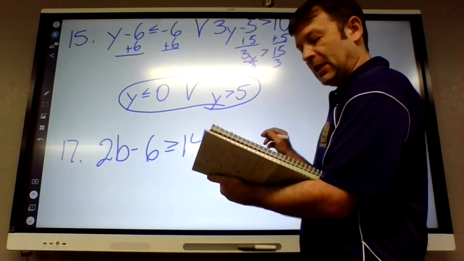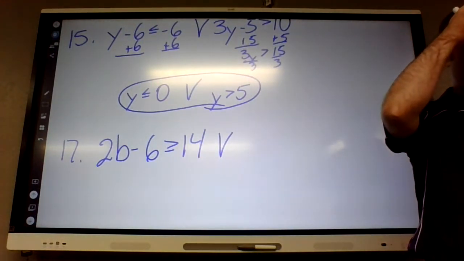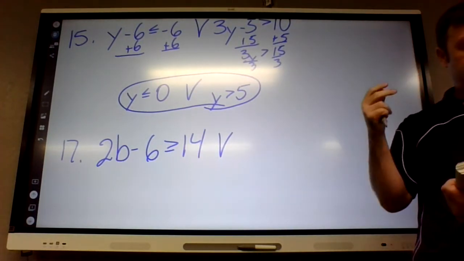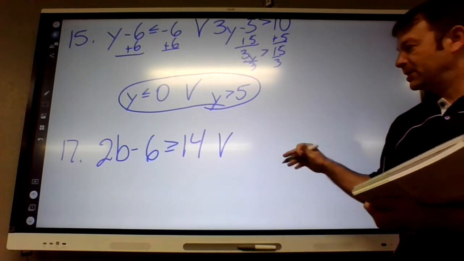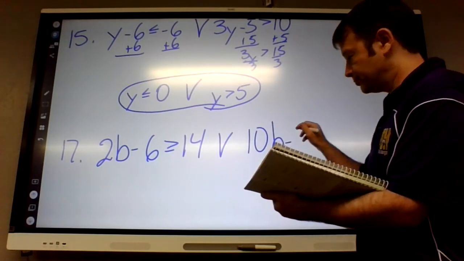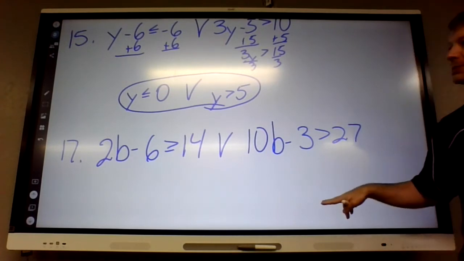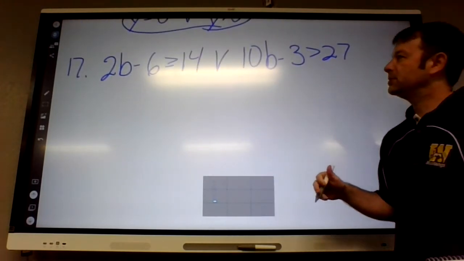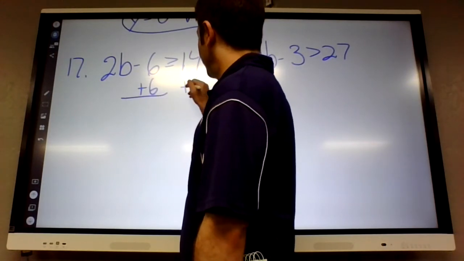Okay, 17. On 17, how can we simplify the right inequality? Add 6, or the right one? Yeah, 10b. So I'm just gonna copy that down instead of the original, save me a step.